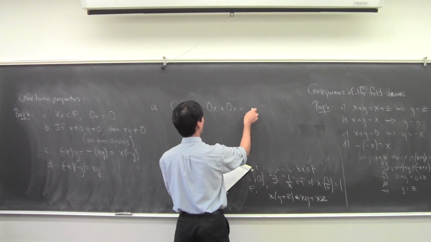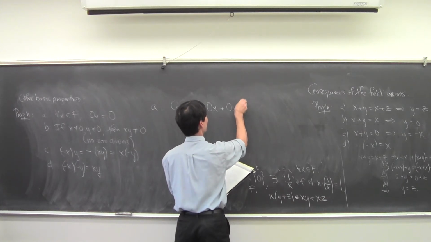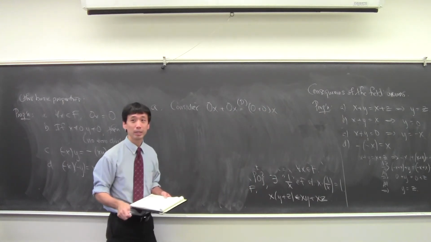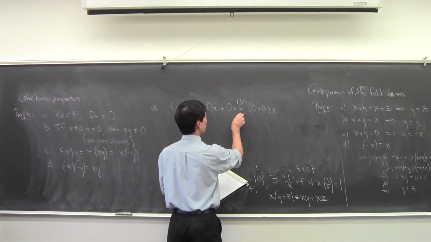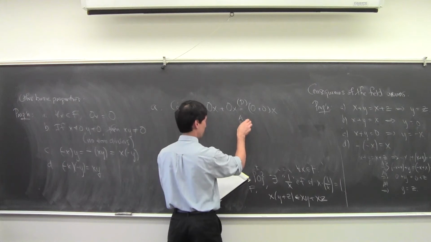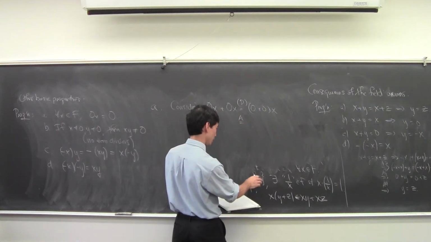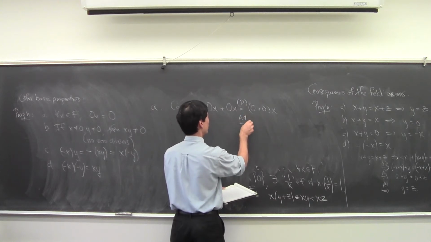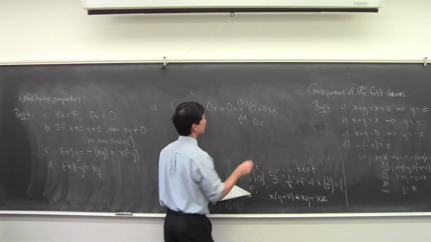Well, by distributivity, this is going to be 0 plus 0 times x. Using the fourth property of addition, this is going to be 0x.